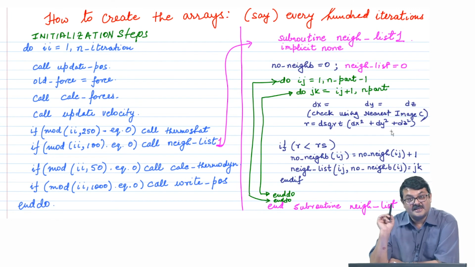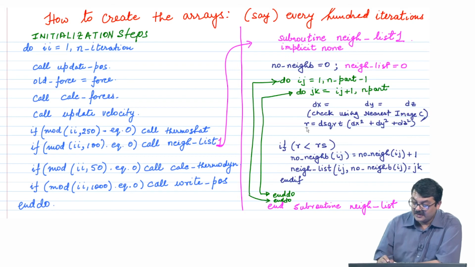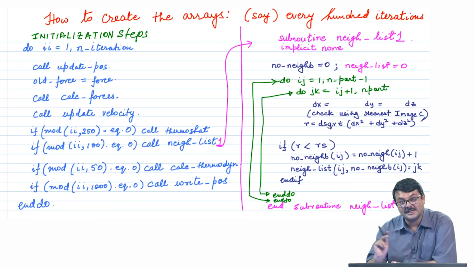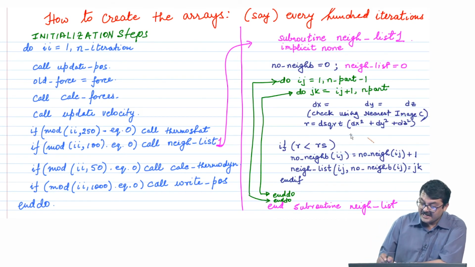Use the nearest image convention to find the smallest distance in each direction, then calculate r, the scalar distance between two particles, which is nothing but dx square plus dy square plus dz square, and the square root of that.